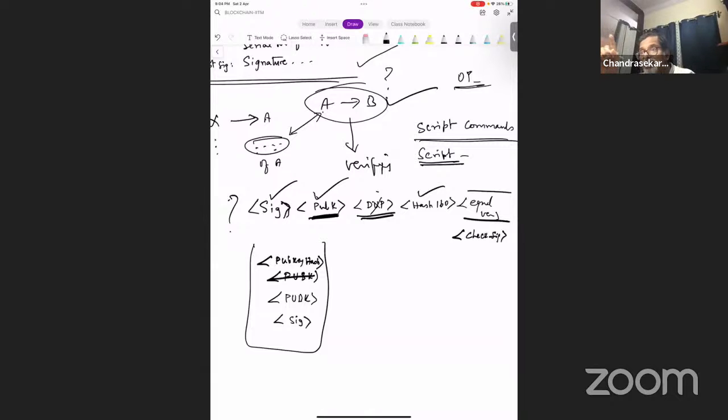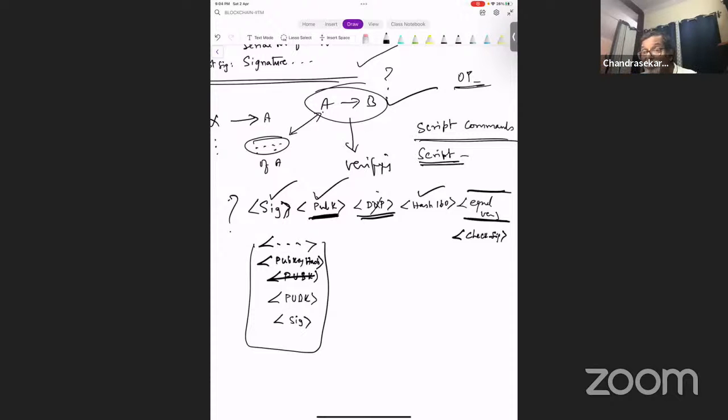The public key hash value would be made available here. Right? Okay. Therefore, that will be put next to hash 160. So that value is there.